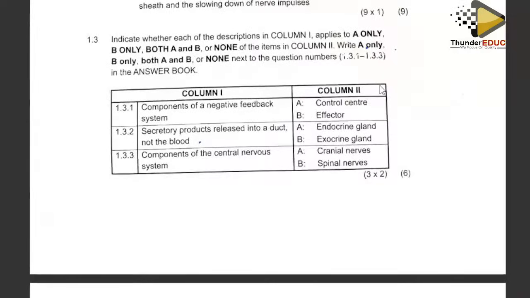This could be B only. Why B only, not both A and B? Because the endocrine one releases its secretion into the blood. But they're saying it releases into the duct, not blood. The only ones which release into the duct we call duct glands. Those are the exocrine glands.